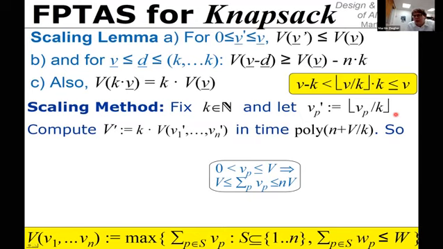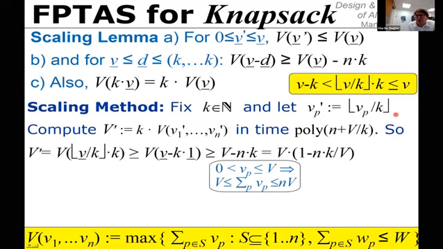This means rounding to the next multiple of k. And what we basically have observed is that every single value of a packet will be affected by at most k. So in our example, by at most 10,000 yen absolutely. And since we have n packets, that means that the overall value returned by the algorithm after the rounding will differ from the exact value by at most n times k, n times 10,000 yen in our example.